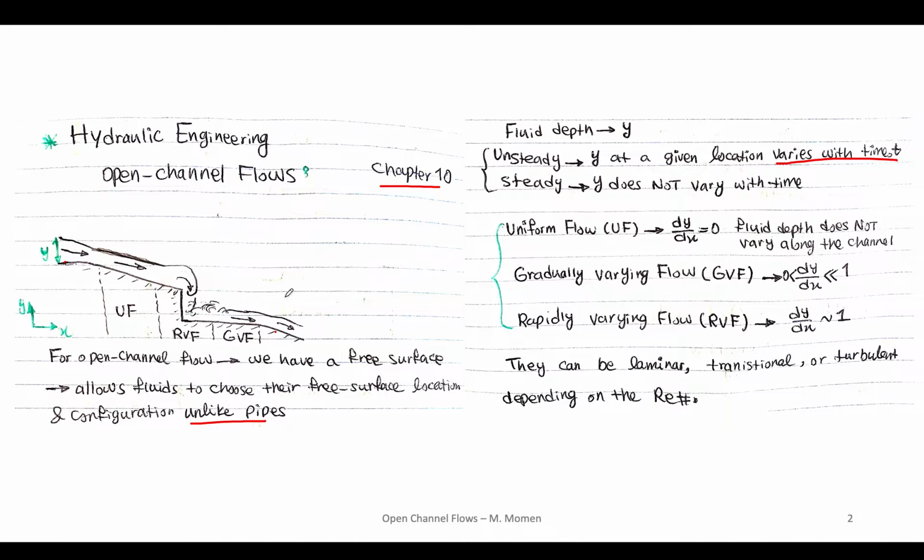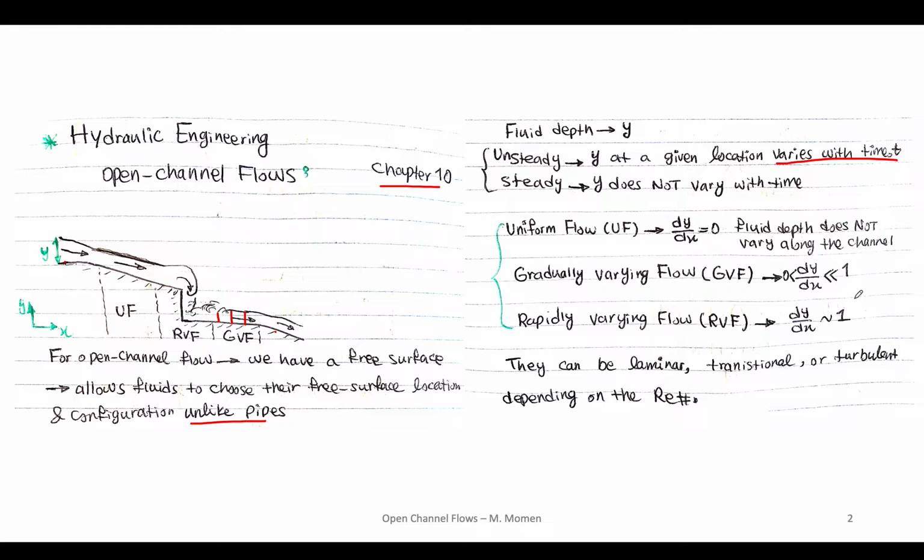And then the other definition we have is gradually varying flows. So here I show it, in which this depth is varying, right? Is changing with time, with location. I'm sorry, but its change is very slow. So dy over dx is greater than 0.